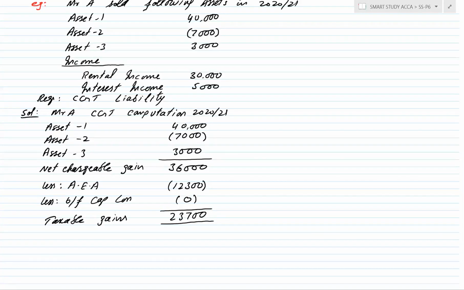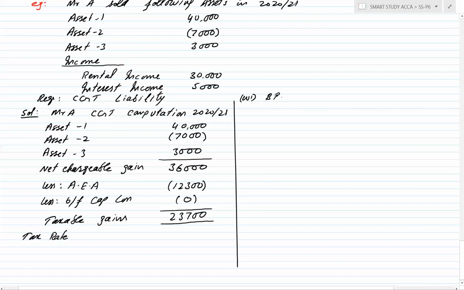Before we move towards tax rates, we need the unused basic rate band. So this is working number 1 for basic rate band. We will start with taxable income.